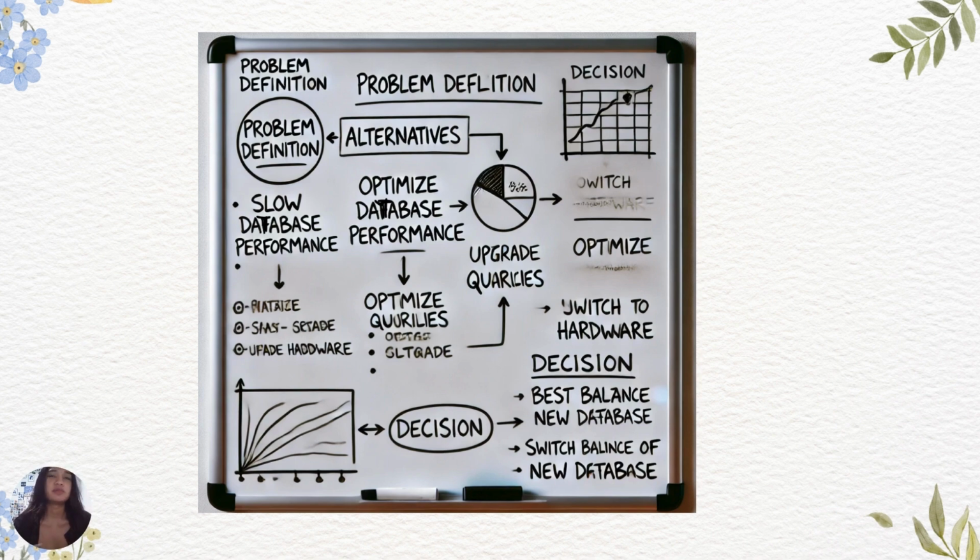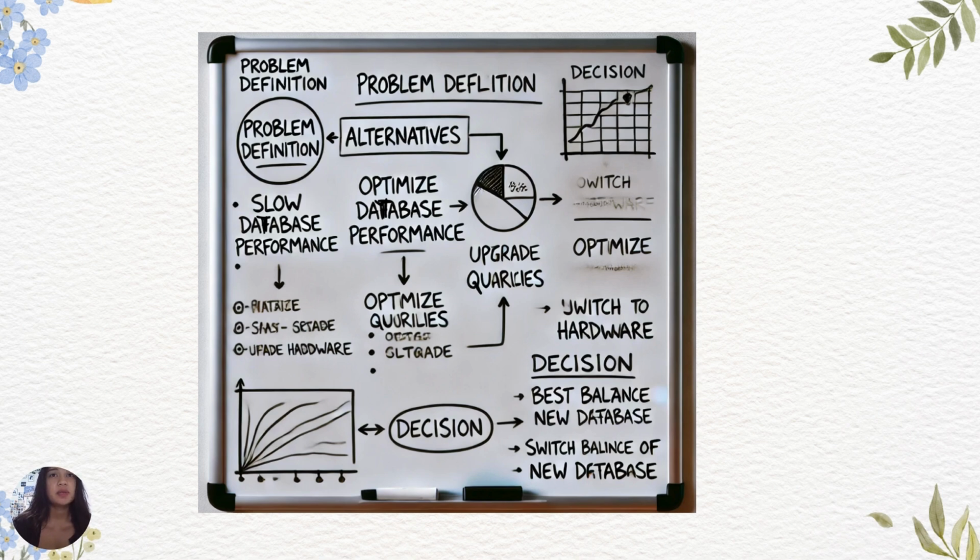After you gather some information, you go to the alternatives. This example is of a company optimizing their database performance because they have the problem of slow database performance.